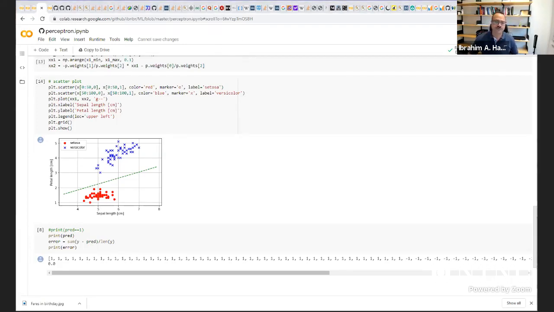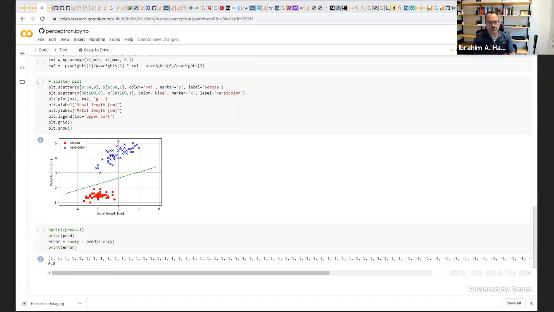So if you are done with this example, okay, we have some notes here. The perceptron learned a decision boundary that can classify its iris training subset perfectly. PLR converges if and only if the two classes can be separated perfectly by a linear hyperplane.